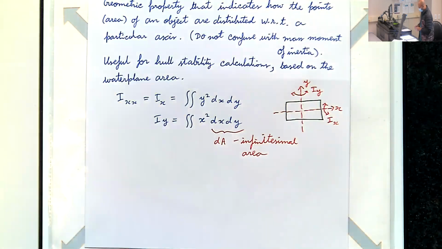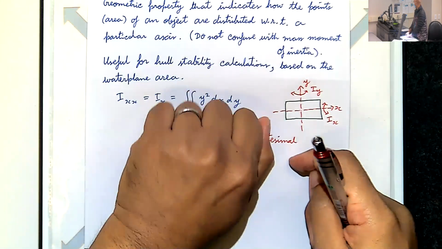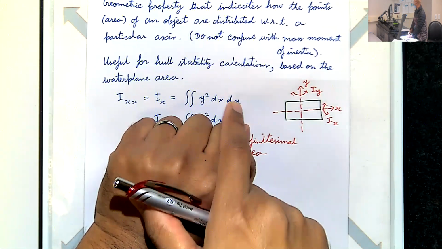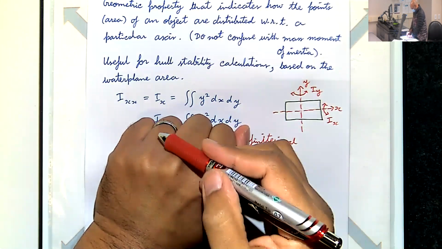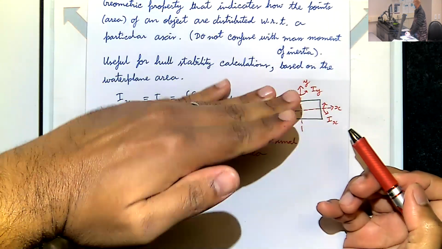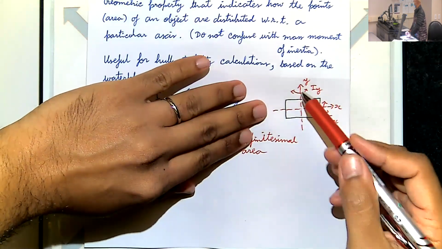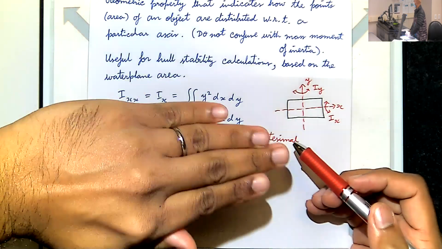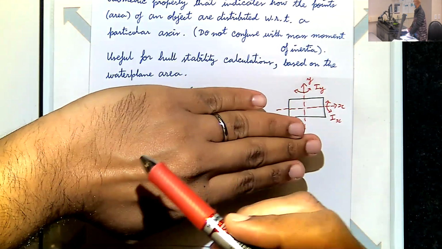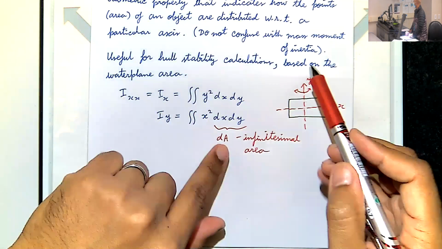Fine. Now, let's think about Ix. Forget about Iy. Ix is y squared dx dy. Ix means we are rotating about the x-axis, so the hull is doing this. It might be in roll, and Iy would be when you're pitching up and down. When you're rolling, you want to figure out how far the area is distributed from your center line, the x-axis.